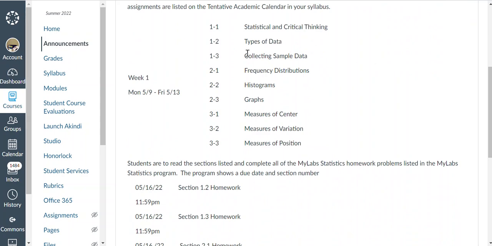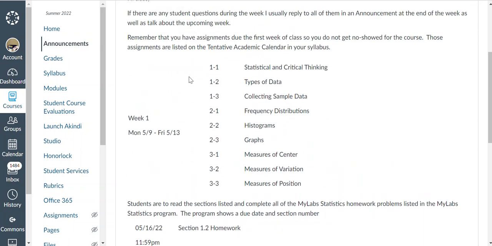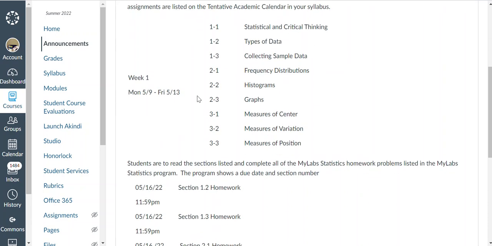You'll see the dates on here, which may or may not be the ones for your course. These are for a Summer A course, but the content listed here is what you really want to look at when you go into your Canvas course and look at the syllabus.